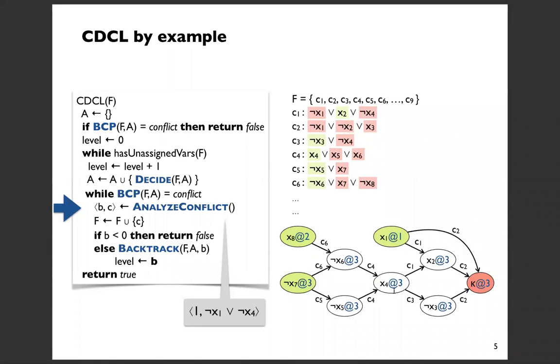X4 being 1 is what is causing this. Of course, X4 itself was implied due to other decisions, but still, this is one thing that you cannot have. So not X1 or not X4 will be derived as a possible conflict clause, the outcome of analyze conflict.